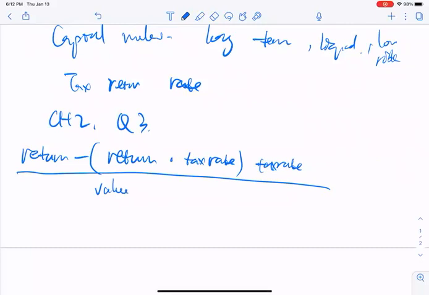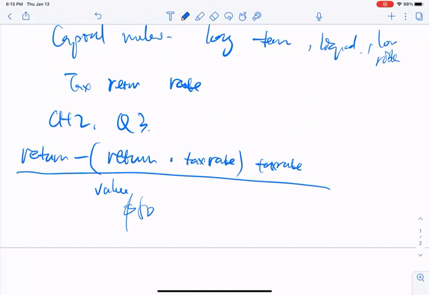When I say value, it means whatever you had initially, right? For example, if a preferred stock is $50, then this is the value you should use, right? And you should get the correct answer. I don't know why currently it's saying that it's wrong, but this should be right. Okay.